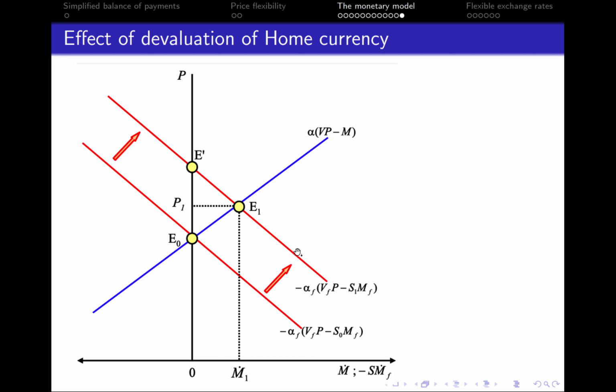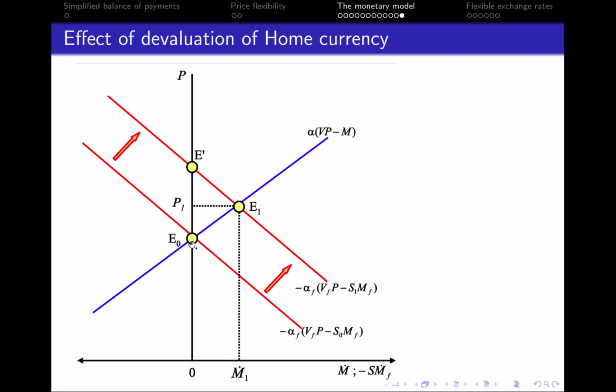Okay, but before we go through the entire adjustment process, let me put your attention on a couple of things over here. This E0 here is not only denoting equilibrium, but actually at this point we see the initial price level at home. So what is going to happen in this economy? First, let's notice the law of one price.